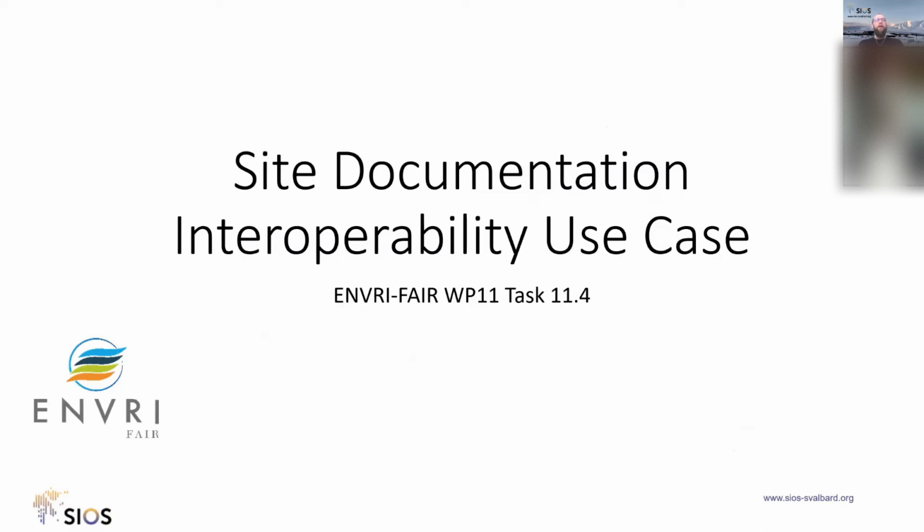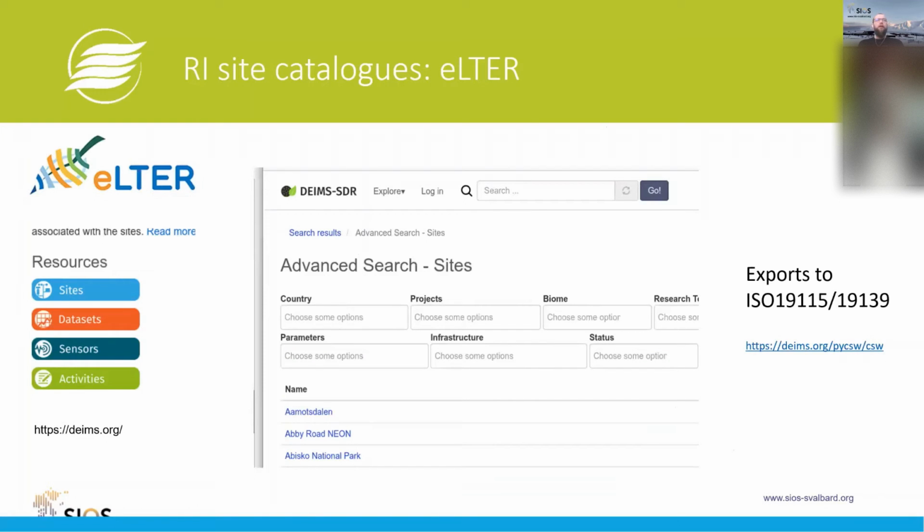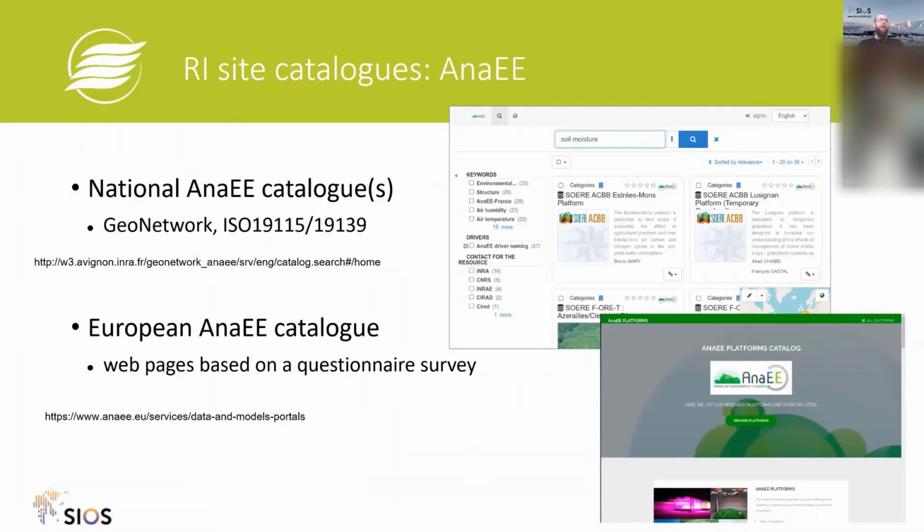Similar work is done through the EOSC-related project where SIOS is a partner. One of our tasks, which will end next year, is to create a common hub to connect a few catalogs that are in different standards. So we have our catalog in the standard ISO 19115-139. We have the ANAE catalog in the same standard in the GeoNetwork repository.